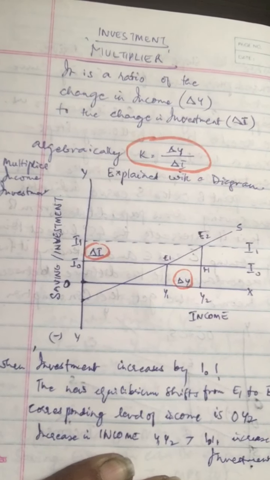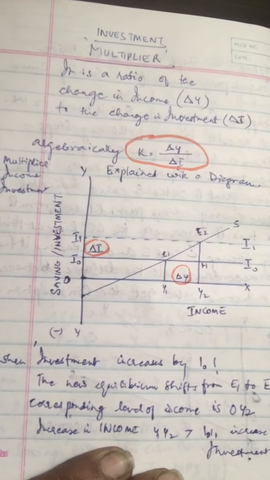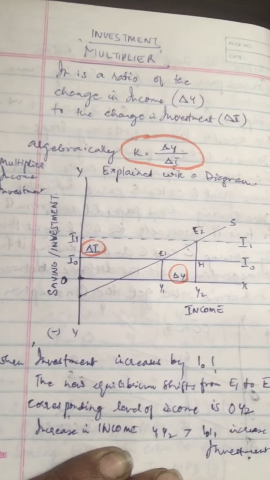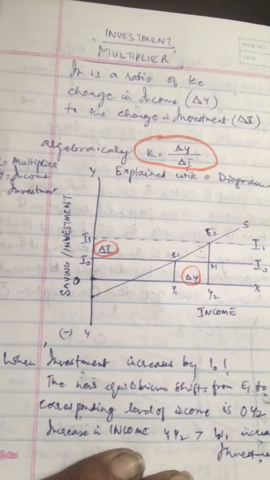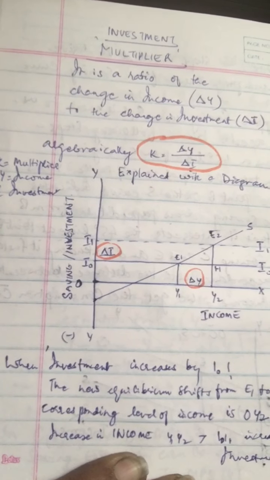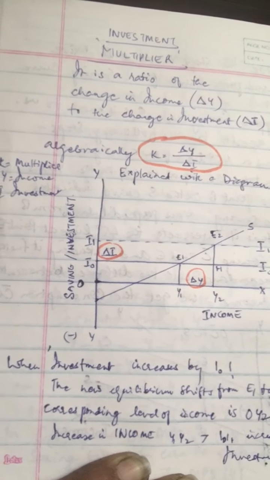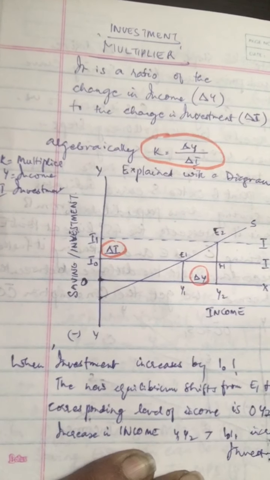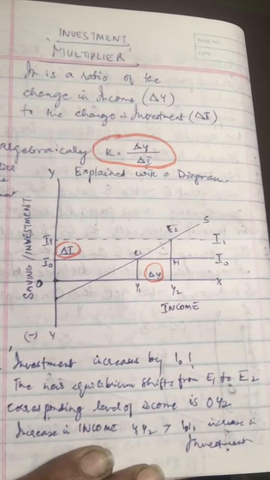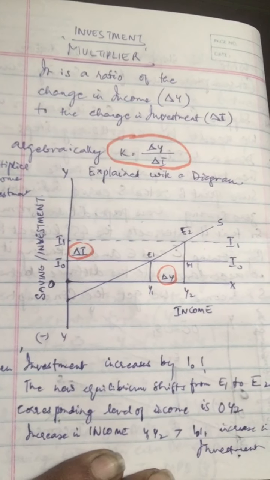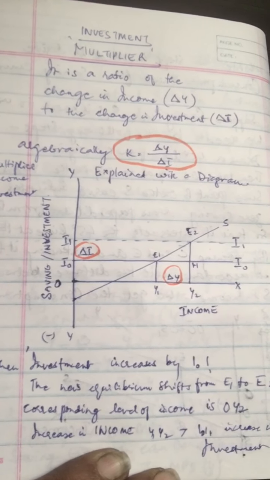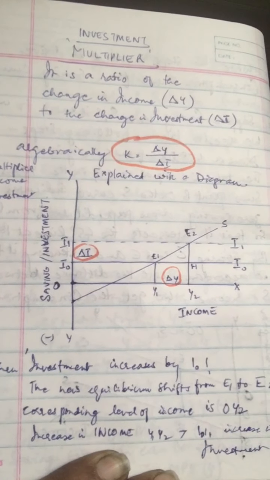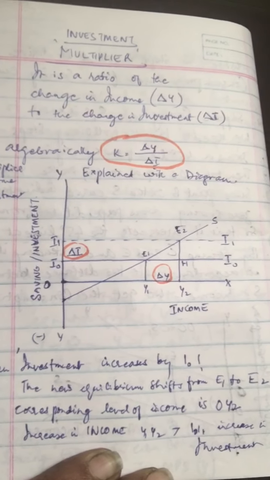But interestingly, multiplier depends upon the marginal propensity to consume, that is MPC. And the multiplier coefficient is obtained by the formula K is equal to 1 upon 1 minus MPC. And this stems from the formula that MPC plus MPS is equal to 1. So if you take that, then the multiplier can also be written as 1 upon MPS, marginal propensity to save.